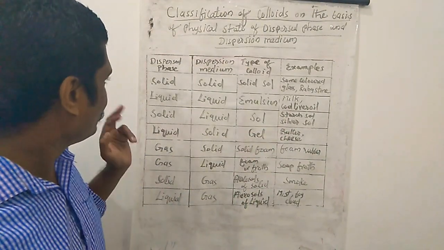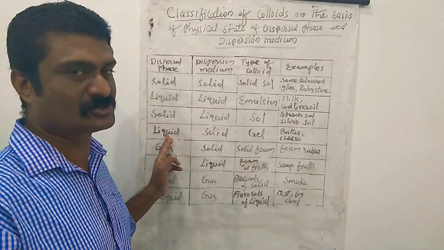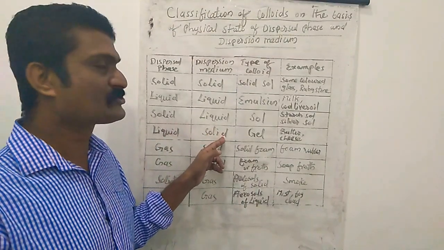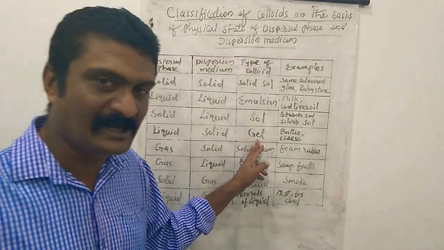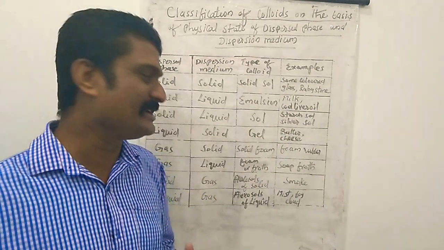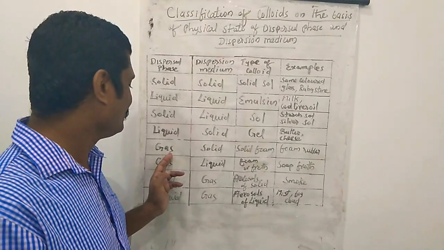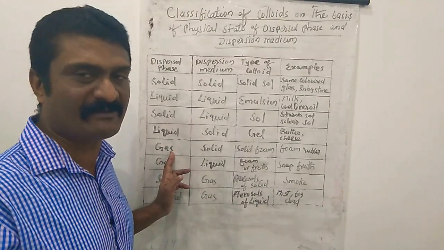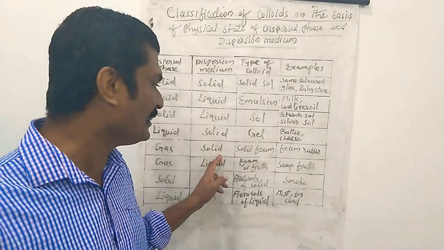Then, next type, liquid colloidal particles dispersed in a solid dispersion medium. It is called gel. The examples are butter and cheese. Next type, the gas particles having the colloidal size dispersed in a solid dispersion medium.